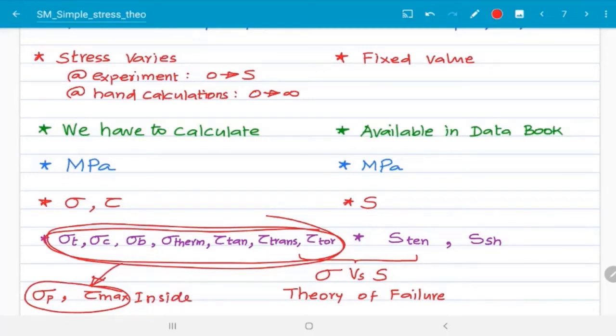So this calculation, from the externally applied 7 stresses to calculate the internally developed principal stress and tau max, depending upon the strength comparison, this process is called stress transformation. A very, very, very important subject. Stress transformation.